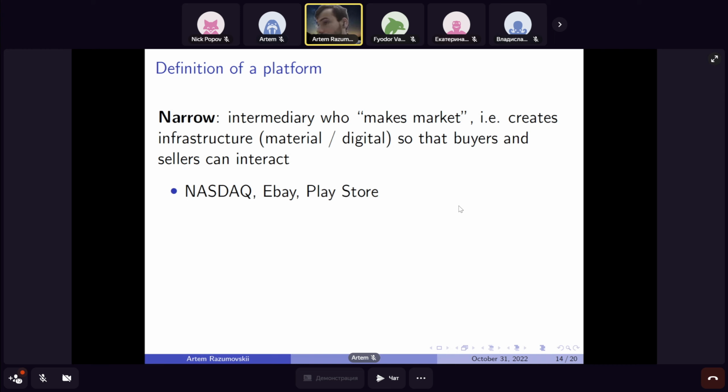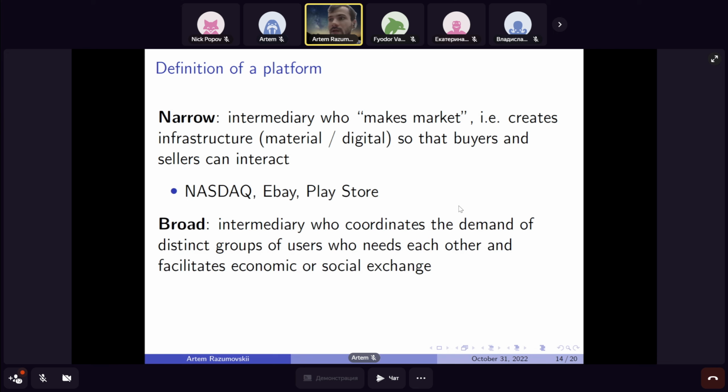So yes, there are some other examples. Then we can consider another, broader definition: this is some intermediary who coordinates the demand of distinct groups of users who need each other and facilitates economic or social exchange. That definition is quite broad.